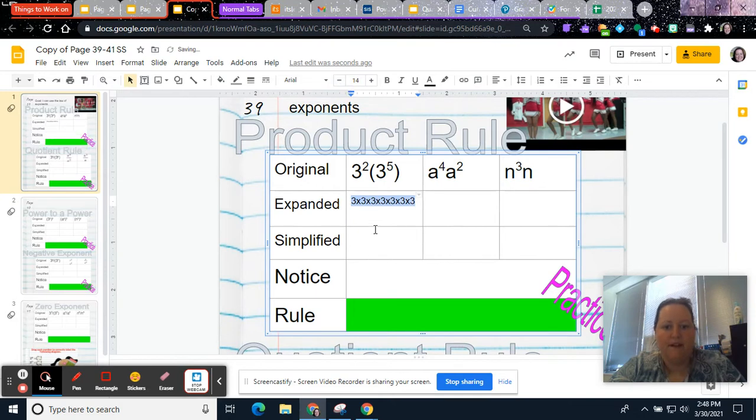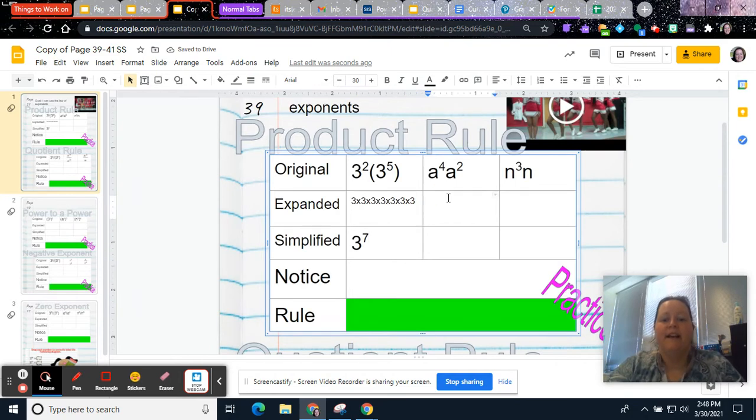How many times are you taking 3 times itself? Well, if you look, it's 1, 2, 3, 4, 5, 6, 7. And so that becomes 3 to the 7th power. Now, remember to make the exponent, I used control period, and then that shifts from exponent to base form.